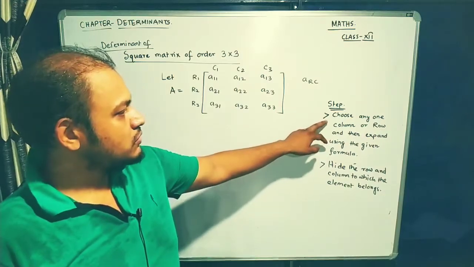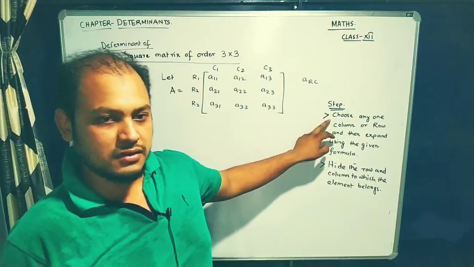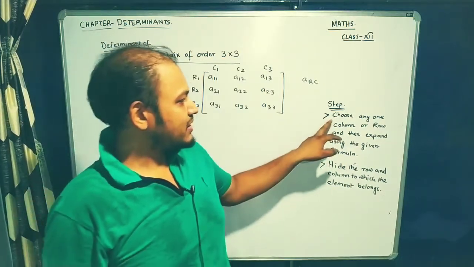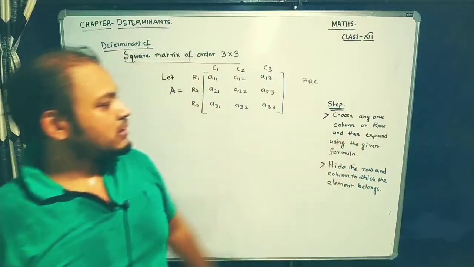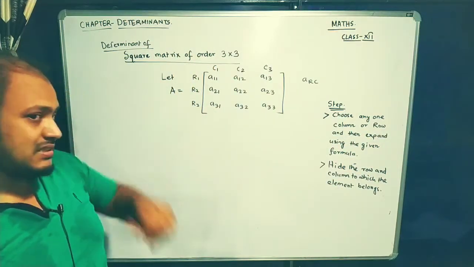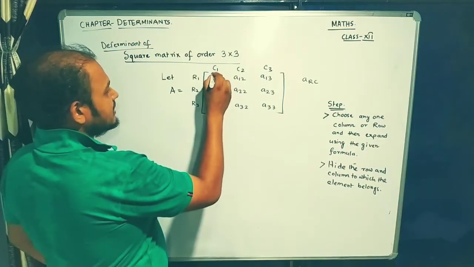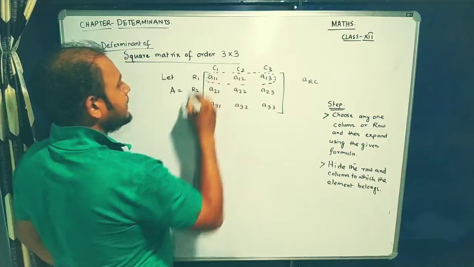So now this step applies for both square matrices of order 2 by 2 and 3 by 3 as well. It is clearly telling you to choose any one column or any one row and then expand using the given formula. So in the first case, let us select the first row and apply our formula here.